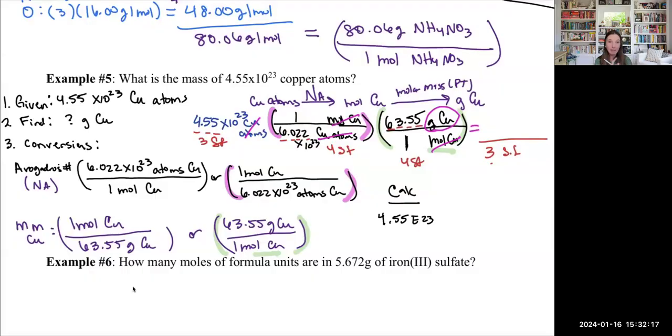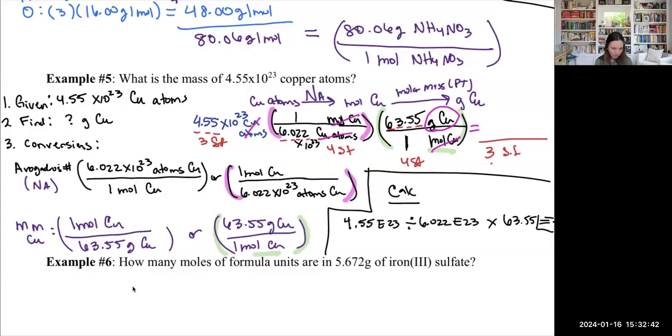Every calculator is a little different, so the key is to learn to use yours. Divided by 6.022 E23 times 63.55, and then enter.